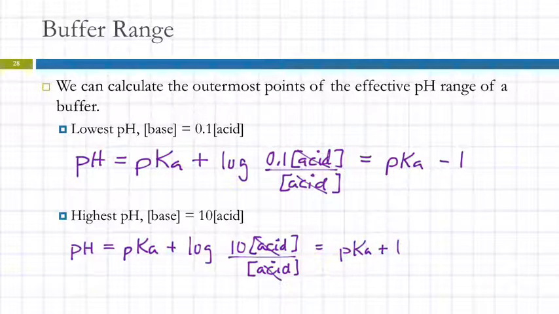So we can look at the pKa for a weak acid and identify, well, is this going to work as a buffer for the particular pH that I need? The pH that you want for your buffer should be within 1 unit of the pKa of the weak acid.